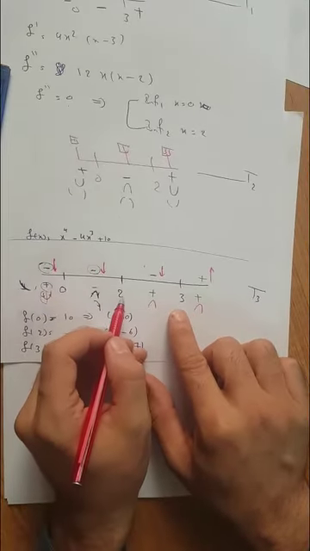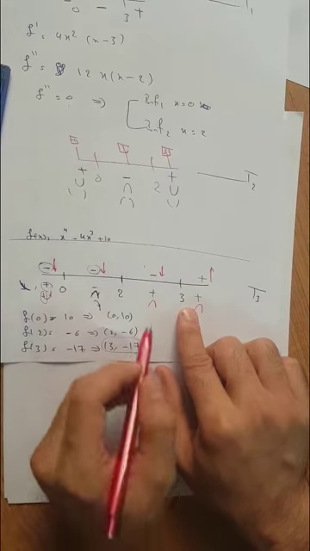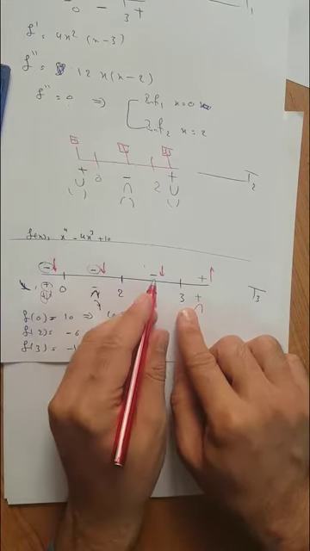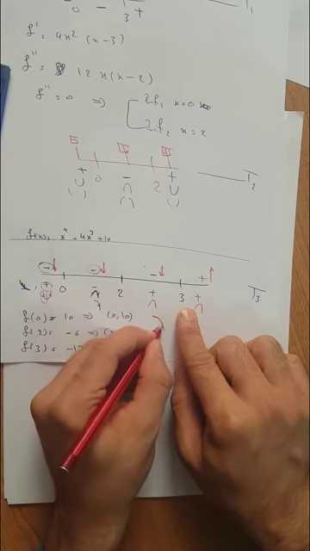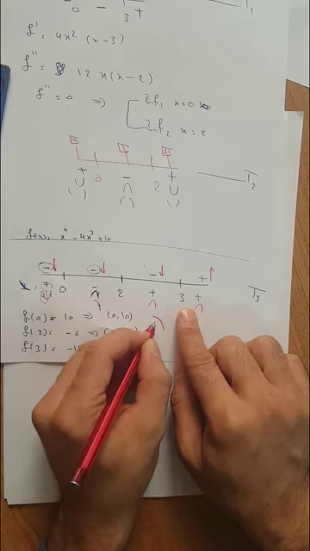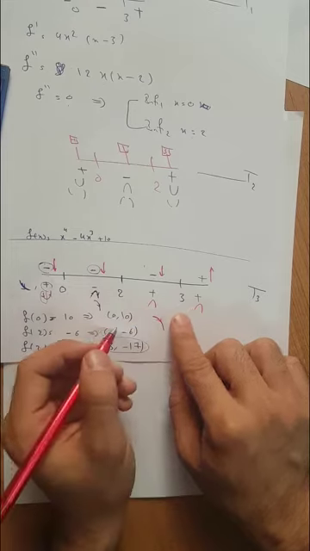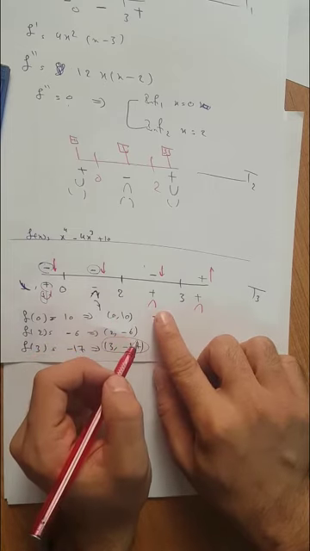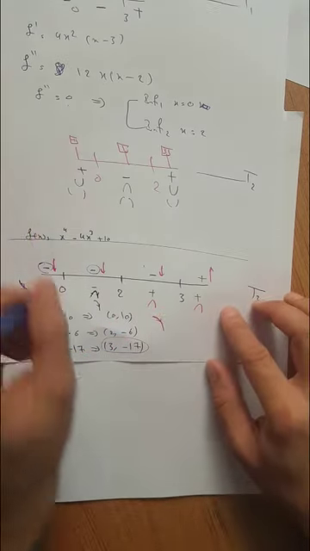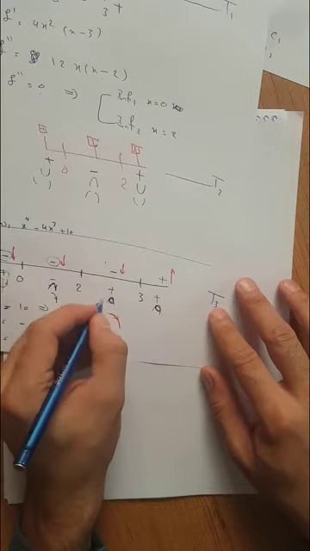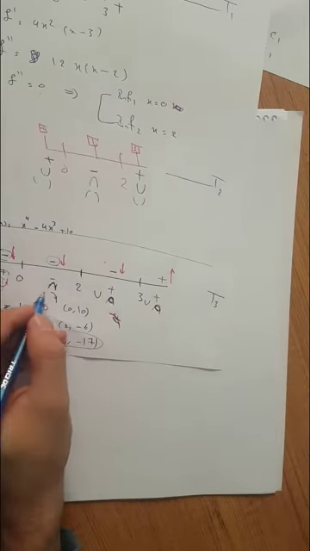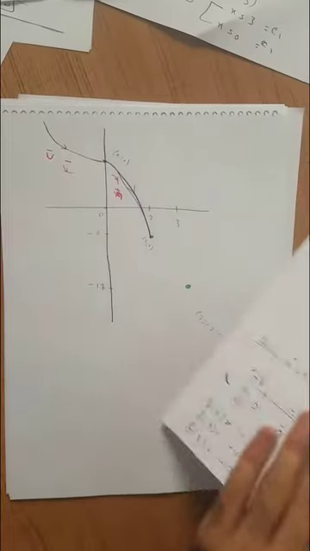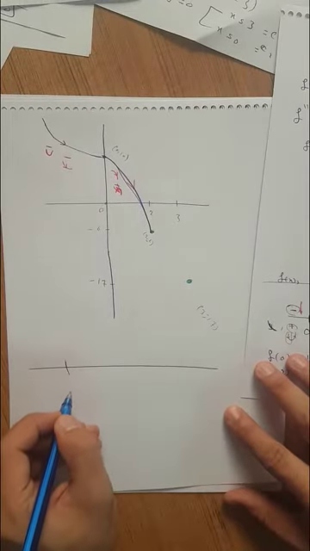How about the other part? Between 2 and 3, we have decrease and up. Sorry, I made a mistake here, really. These ones are up. Sorry. So I'm going to change, make it more clear here.